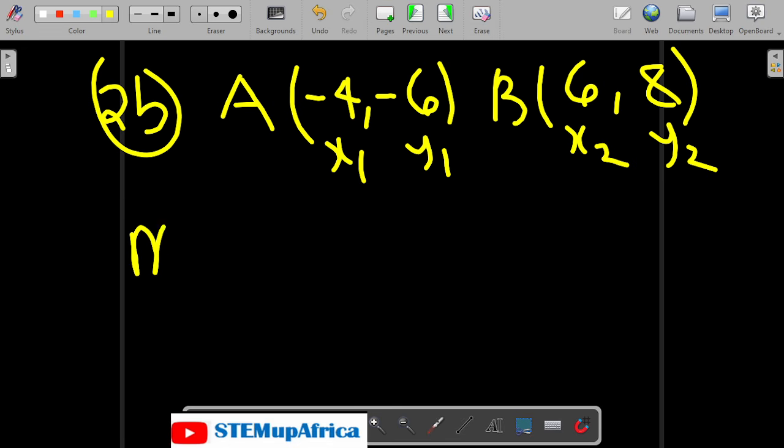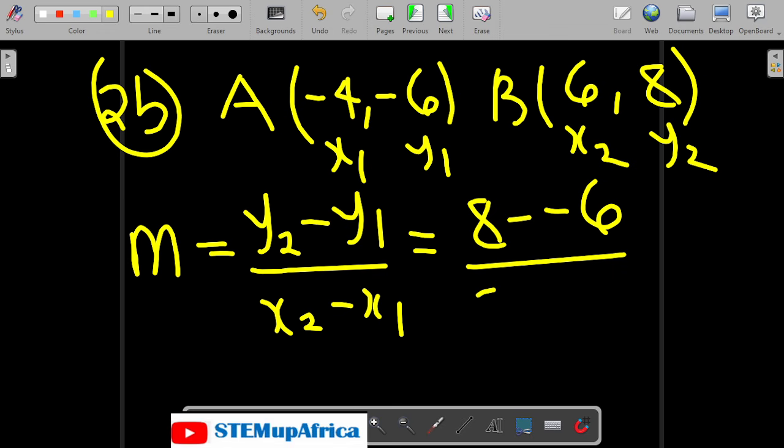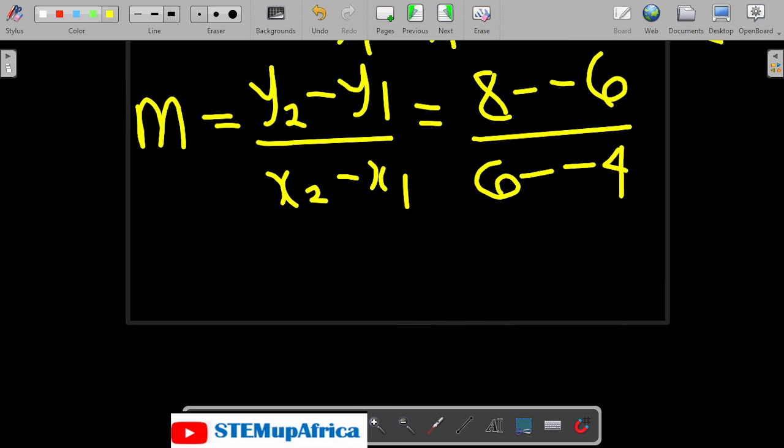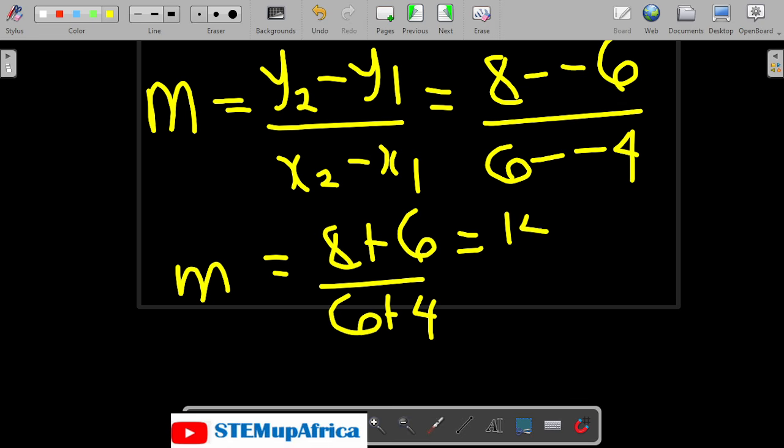So the gradient m is y2 minus y1 over x2 minus x1, which is 8 minus minus 6 over 6 minus minus 4. So my gradient is now 8 plus 6 over 6 plus 4, which is 14 over 10. That will give me 7 over 5.